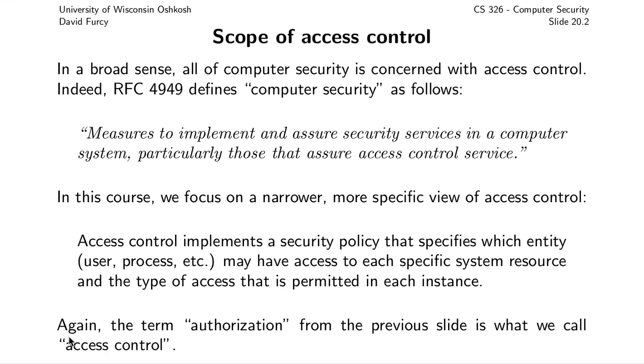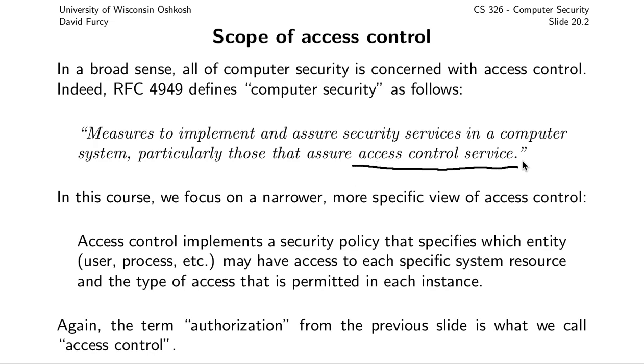But just to give you a broader context, you should be aware that, for example, in this RFC, the definition of computer security is as follows. Computer security is the set of measures that we implement to assure security services in a computer system, particularly those that assure access control service.